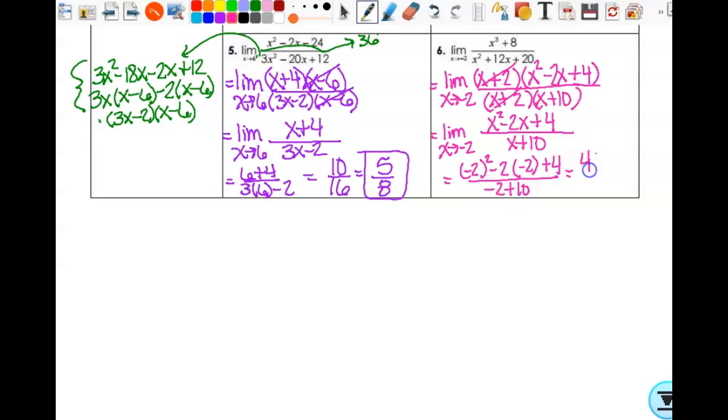So this is going to give me 4 plus 4 plus 4 over 8. That's 12 over 8, which reduces to 3/2. Any questions about that?